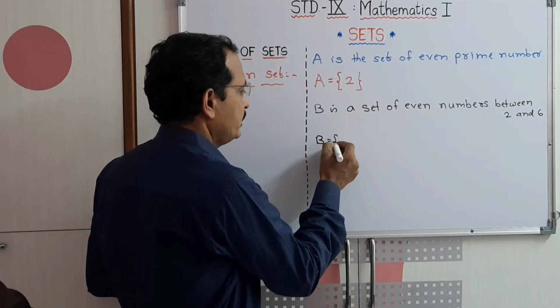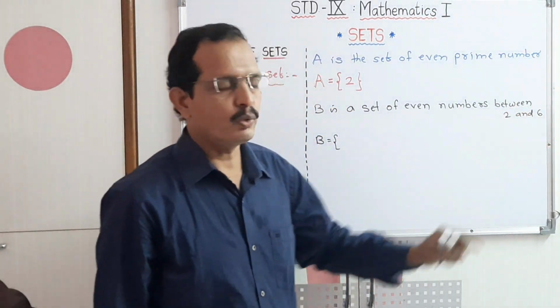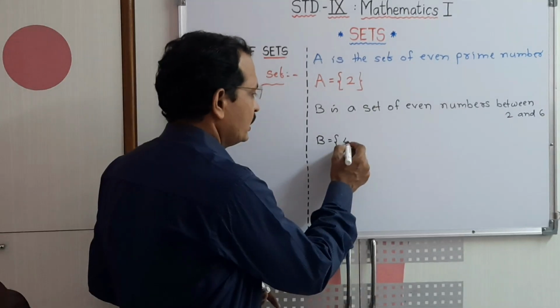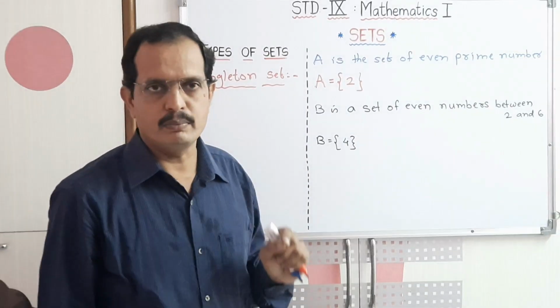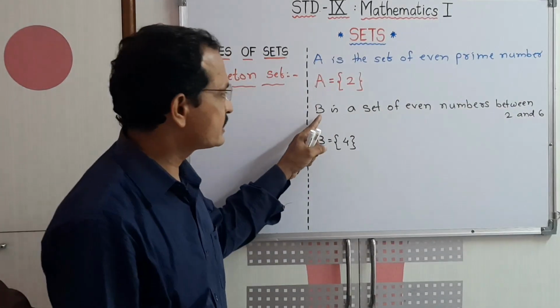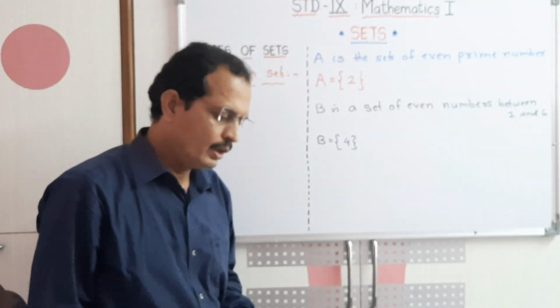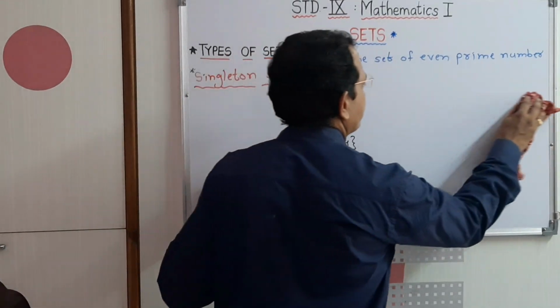Between 2 and 6 there is one and only one even number, which is 4. Therefore the set B also consists of one element, and therefore this set is of singleton type. Now we have to see another set.